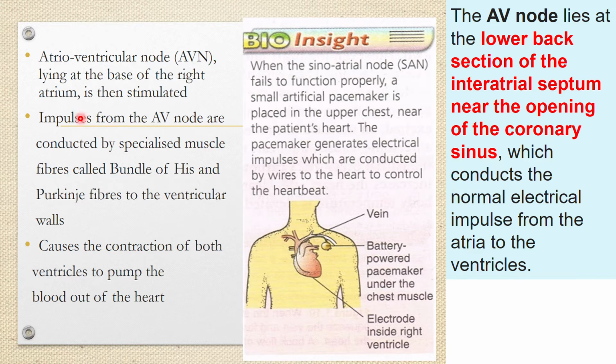You see here, impulses from the AV node are conducted by these specialized muscle fibers called the bundle of His and the Purkinje fiber, going to the ventricular walls, hence causing the contraction of both ventricles to pump the blood out of the heart, going to the lungs and also to the whole body.